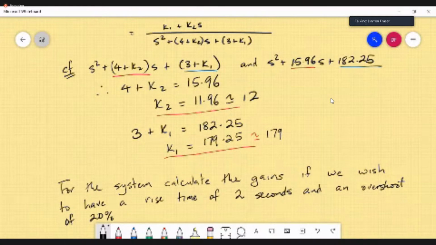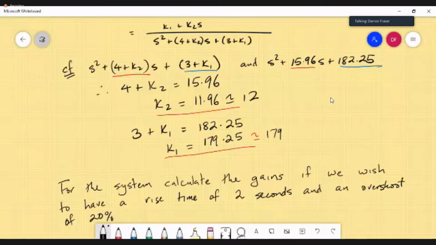Alright, so we're going to use the same thing, but I just wanted to illustrate an important point in the calculation concerning calculations which involve rise time.